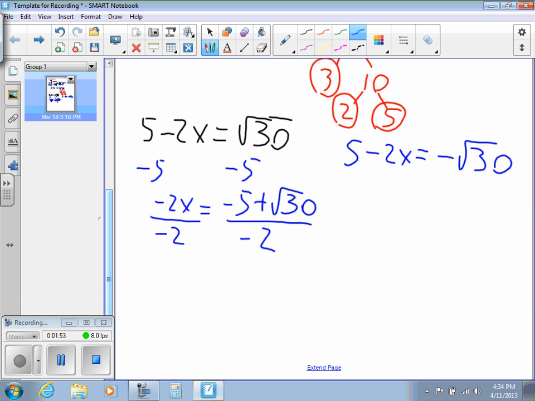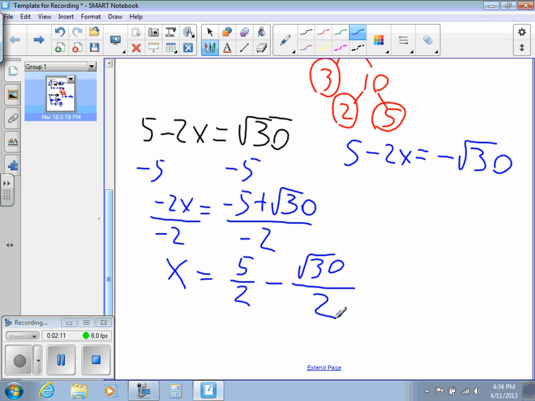And when I do that, I'll get x equals 5 over 2 minus the square root of 30 over 2.